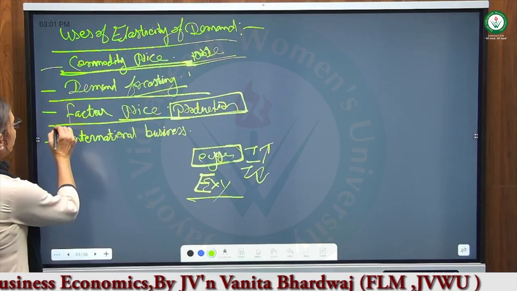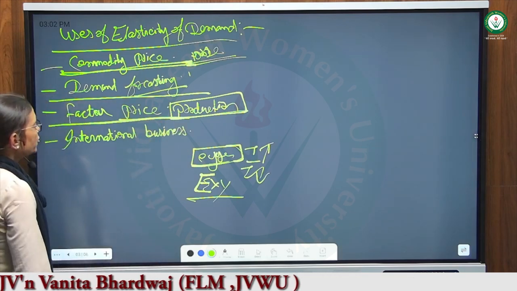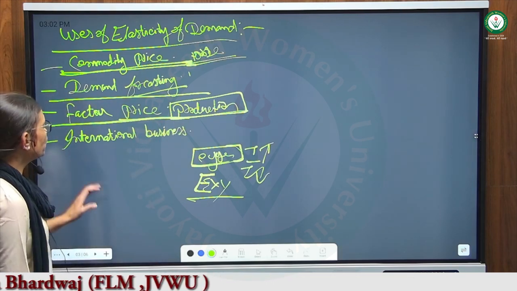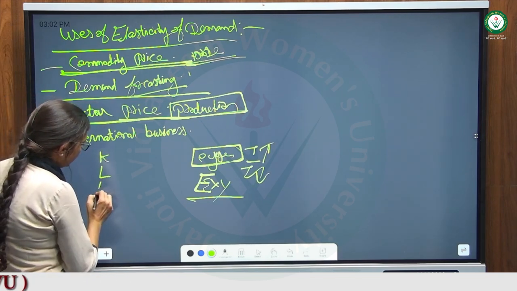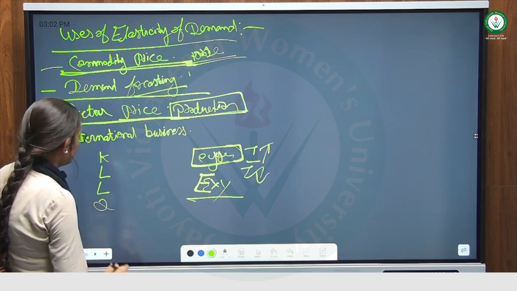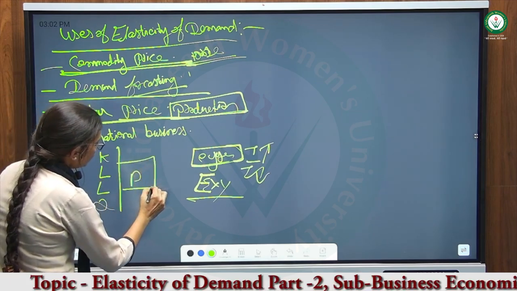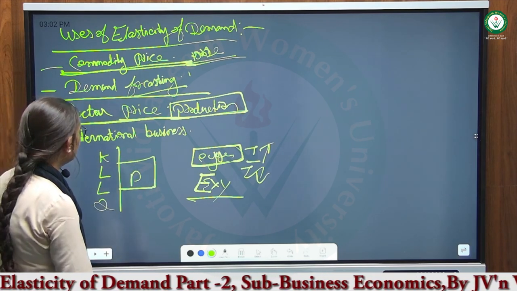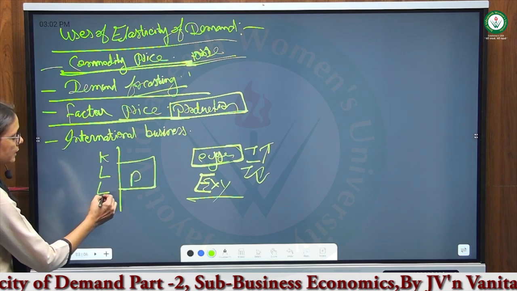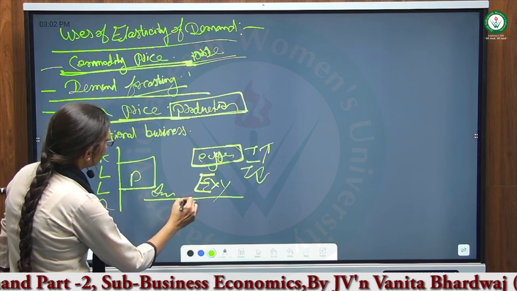How is the price of production factors decided? According to the elasticity of demand. A factor with more elasticity gets lower prices, and an inelastic one gets higher prices.